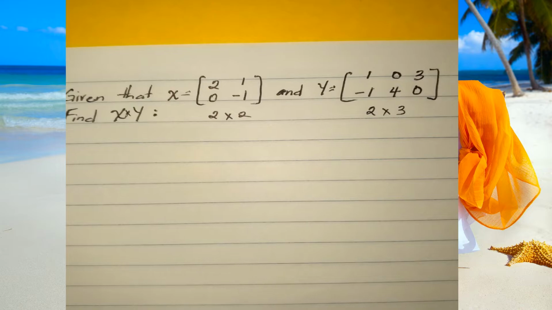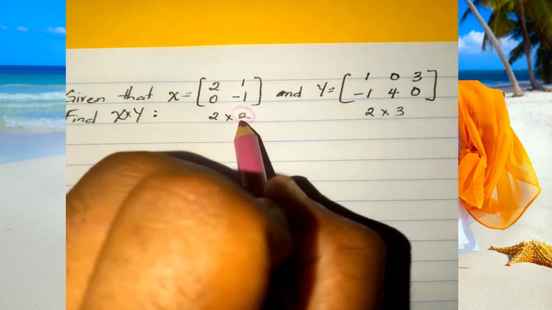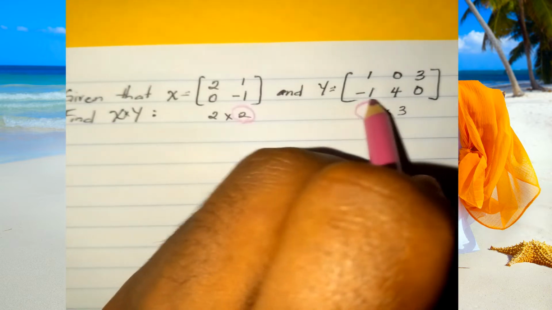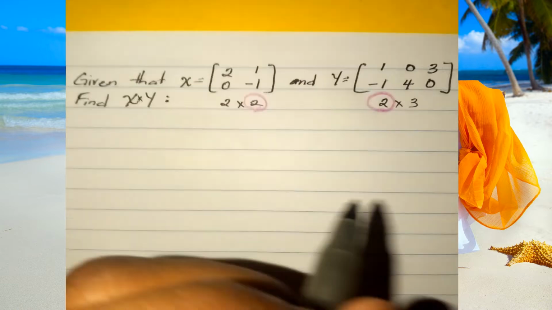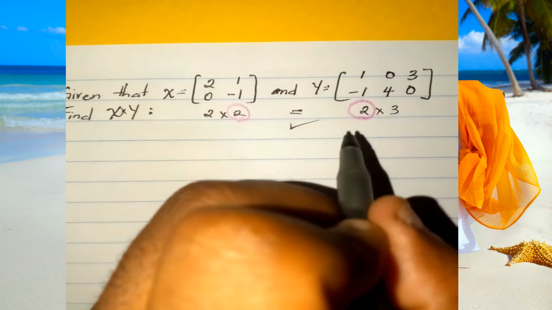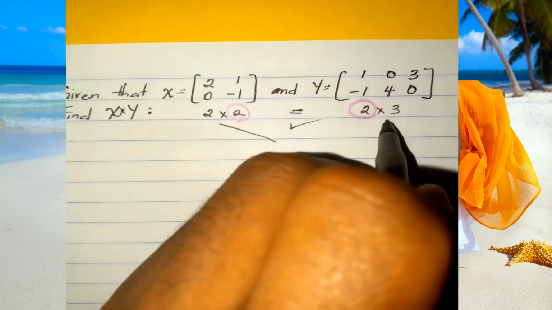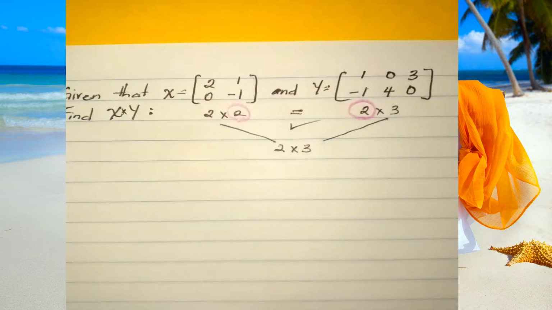And we're checking to see if they're conformable. So I'm looking at the number of columns in the first matrix and the number of rows in the second matrix. And because they're equal, that means multiplication for these matrices can work. And my resulting matrix is supposed to be a 2 by 3 matrix.